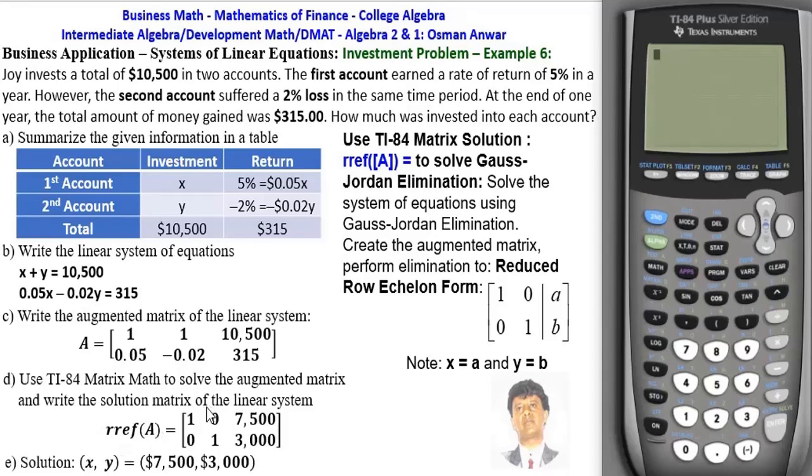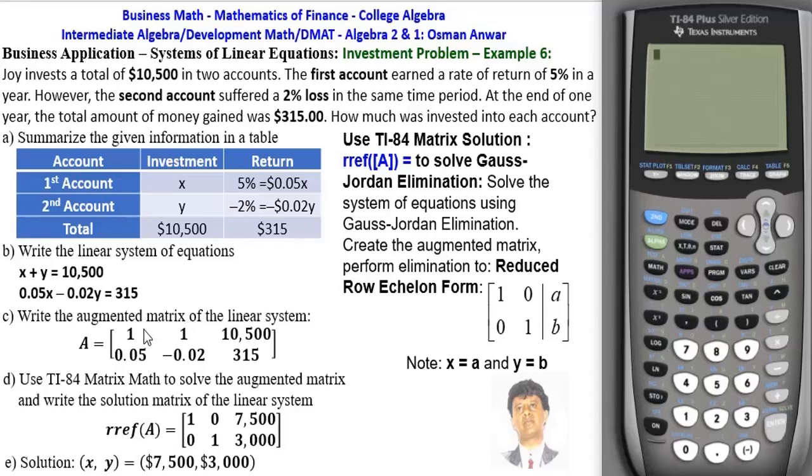The rref is going to give us this reduced row echelon form, which is x equals 7,500, y equals 3,000. So that means into account 1, x was invested, which is 7,500. Into account 2, y was invested, which is 3,000.